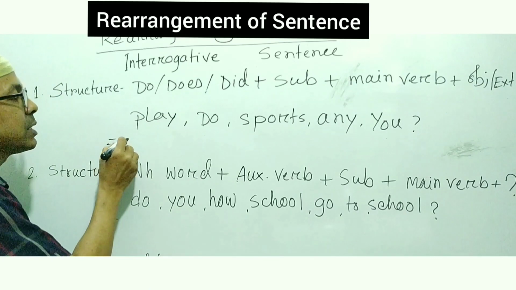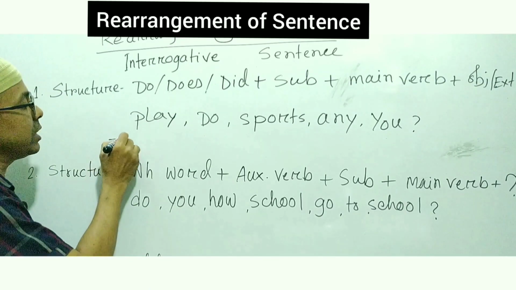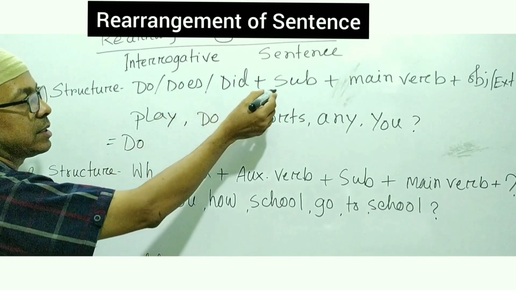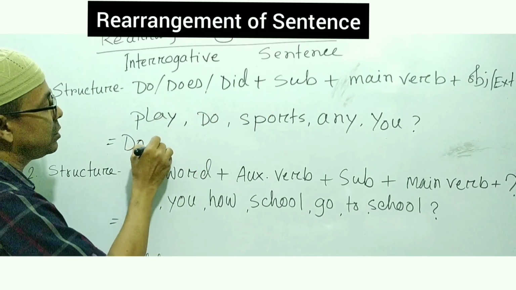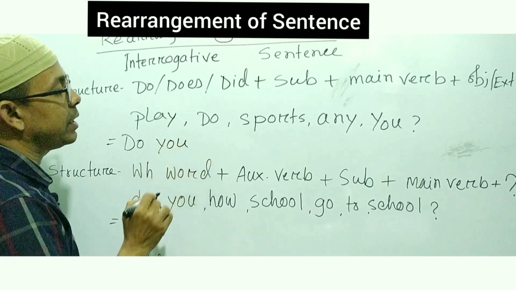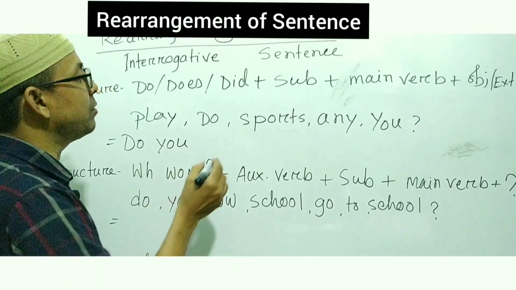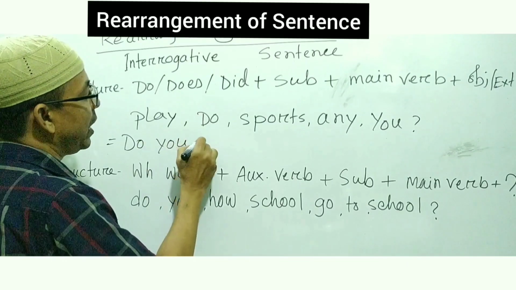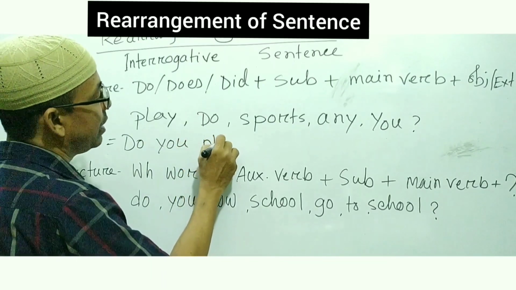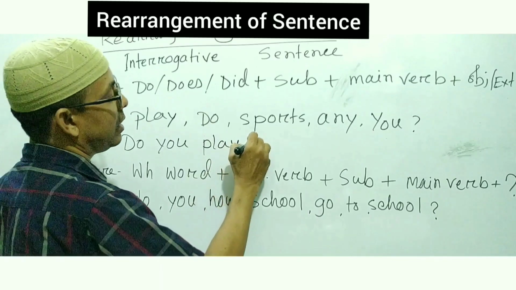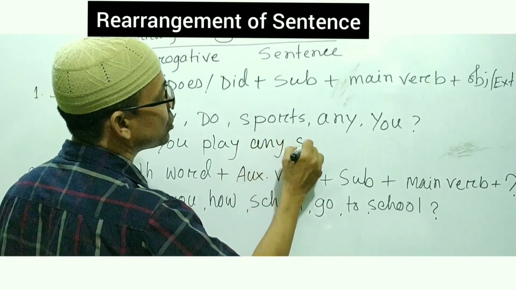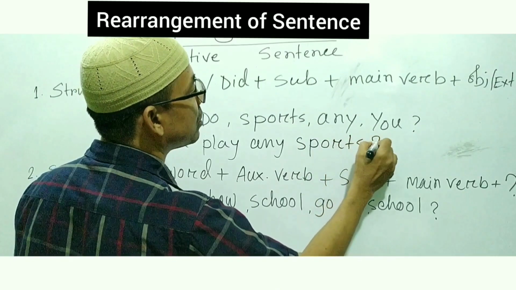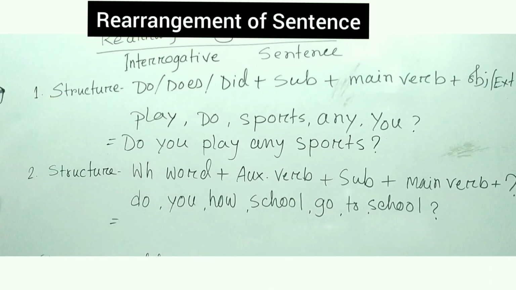So at first we'll take the auxiliary verb do, then the subject you, do you, then the main verb. Here the main verb is play, do you play, then any sport, and at last a question mark.